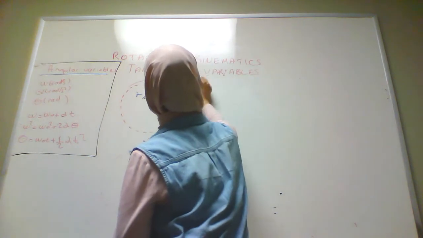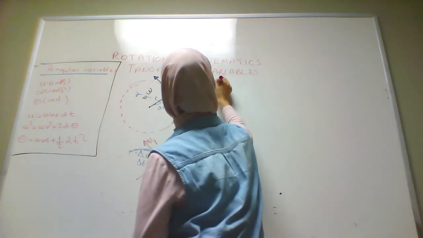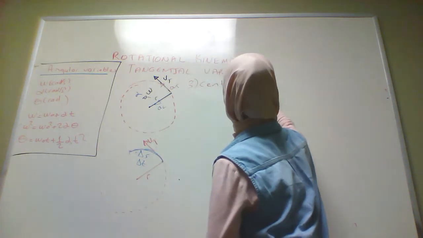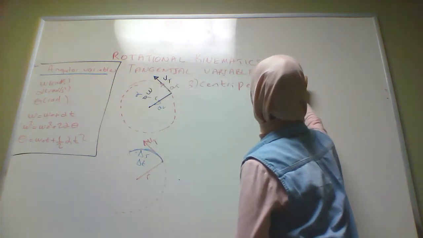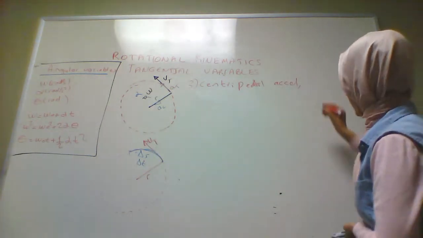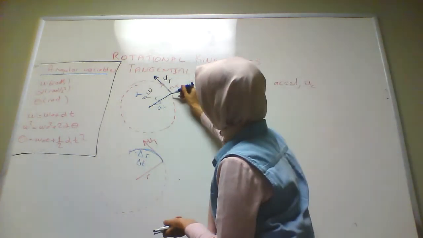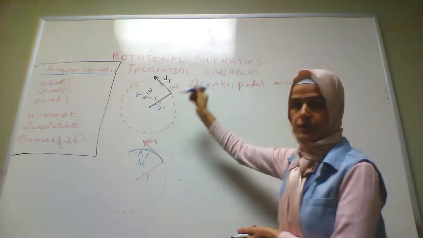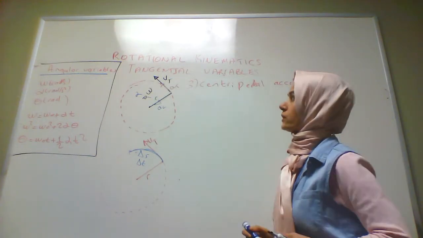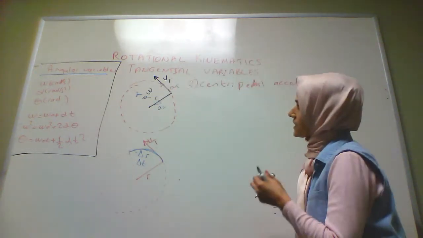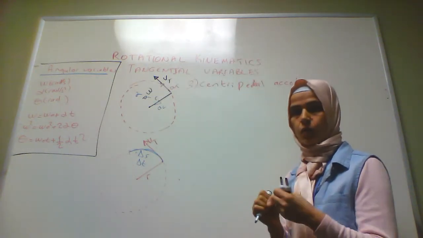So the third value will be centripetal acceleration. Maybe it's redundant, but I want to remind you again what AC was. Again, the acceleration towards the center of a circular motion, the circular path of a motion, and it is the reason for centripetal force.